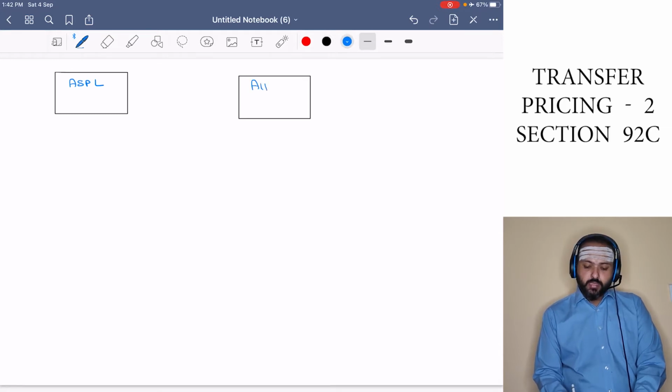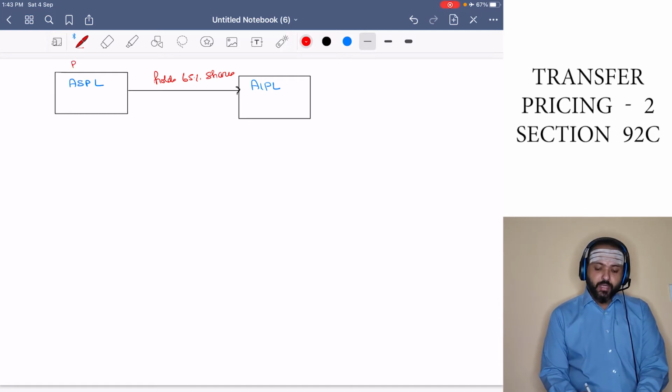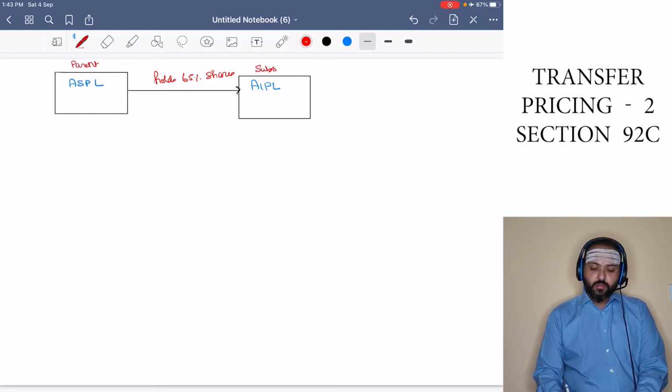Now, Acer Singapore holds 65% shares. So, which means what? Greater than 51%. So, this becomes the parent entity and this is the subsidiary entity.